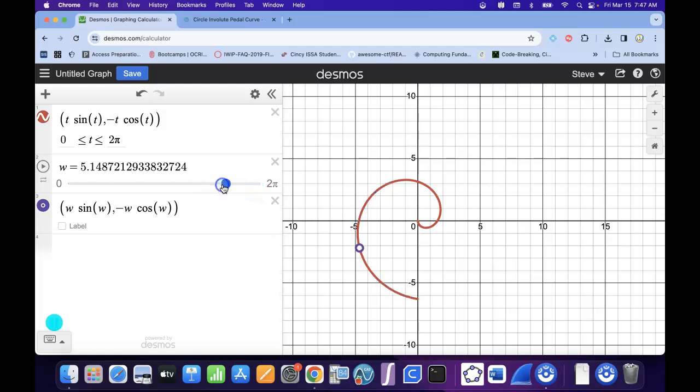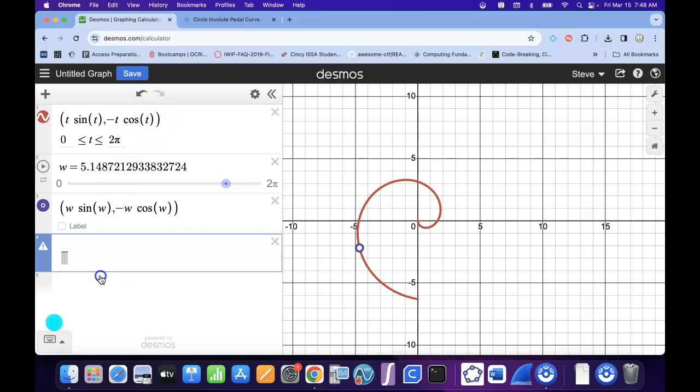And so what I would like to do is write the equation of a tangent line at that point. So the first thing we'll need to do is find the derivative of this set of parametric equations. I'm going to start with a fraction bar because the numerator is the derivative of the y coordinate.